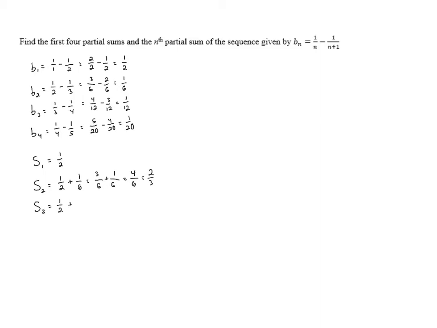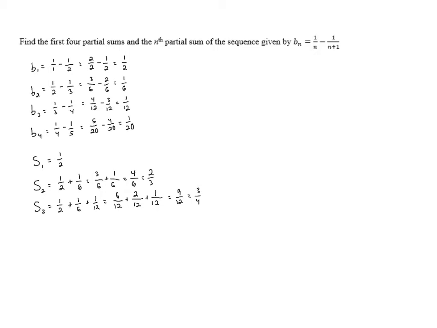That'll be 1 half plus 1/6 plus 1/12. The least common denominator here is 12. So we can rewrite these fractions as 6/12 plus 2/12 plus 1/12. That is going to be 9/12, or 3/4. So we've got 1 half, 2/3, 3/4.